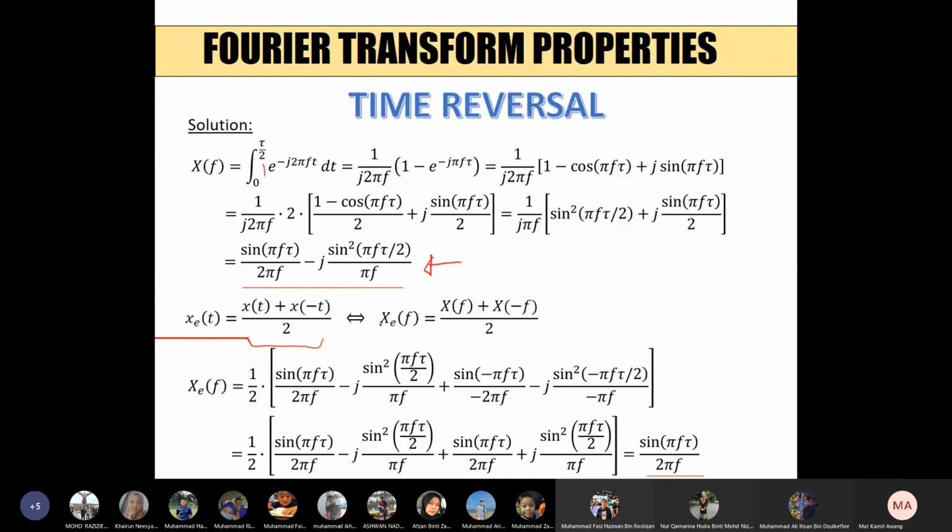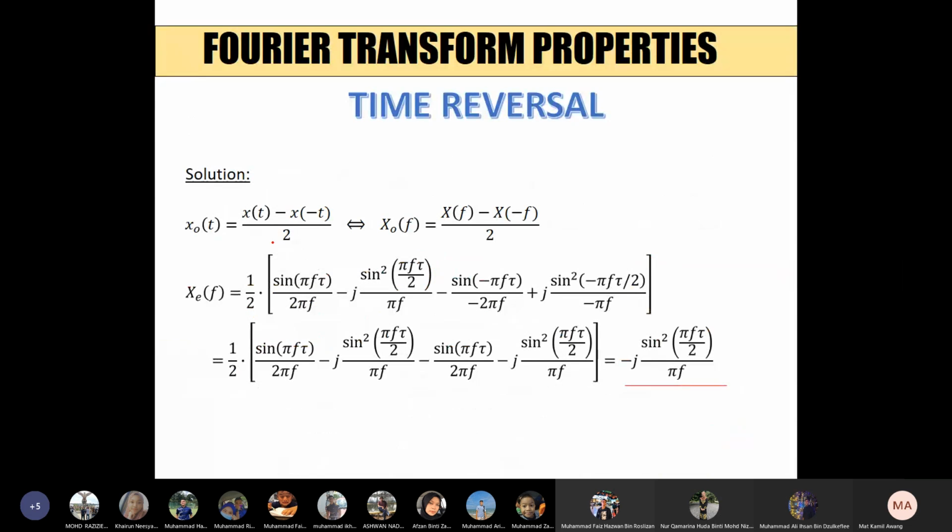This can be transformed using Fourier transform into x of f plus x of minus f over 2. So if you do that, you get sin pi f tau over 2 pi f. This is for the even part.